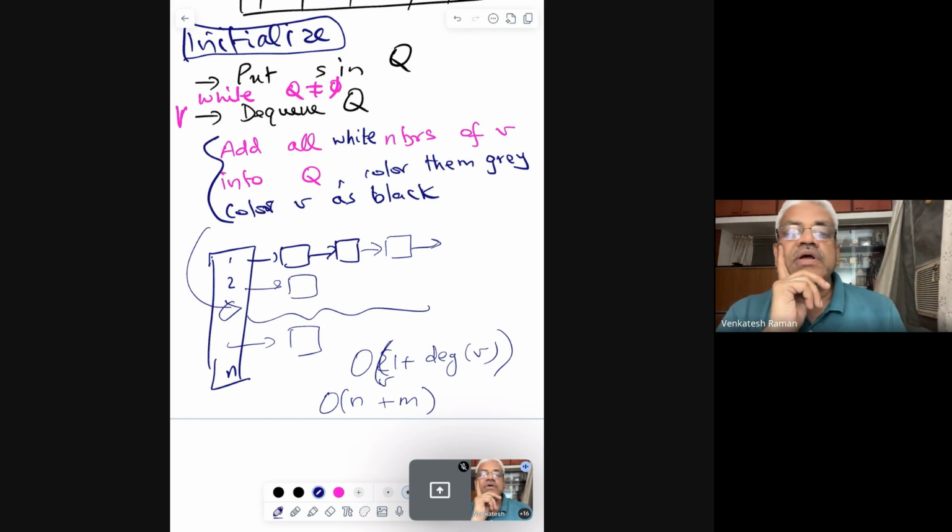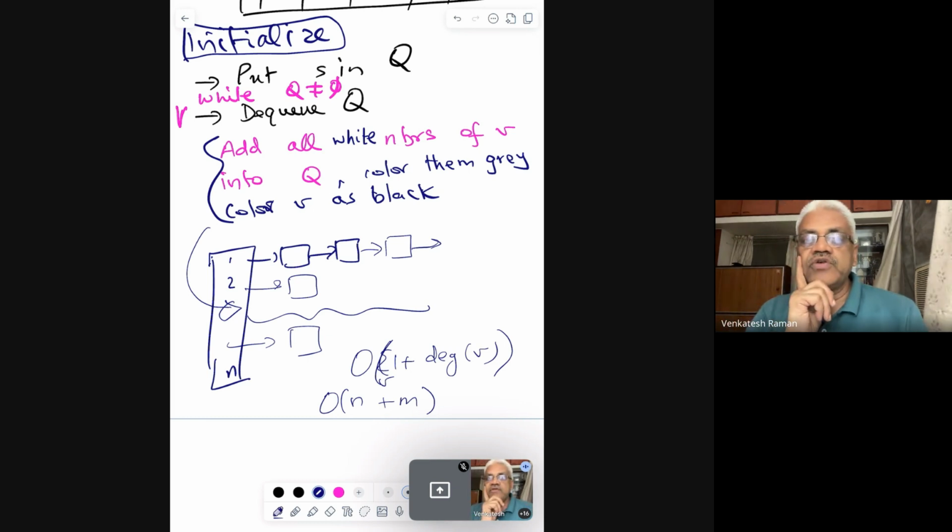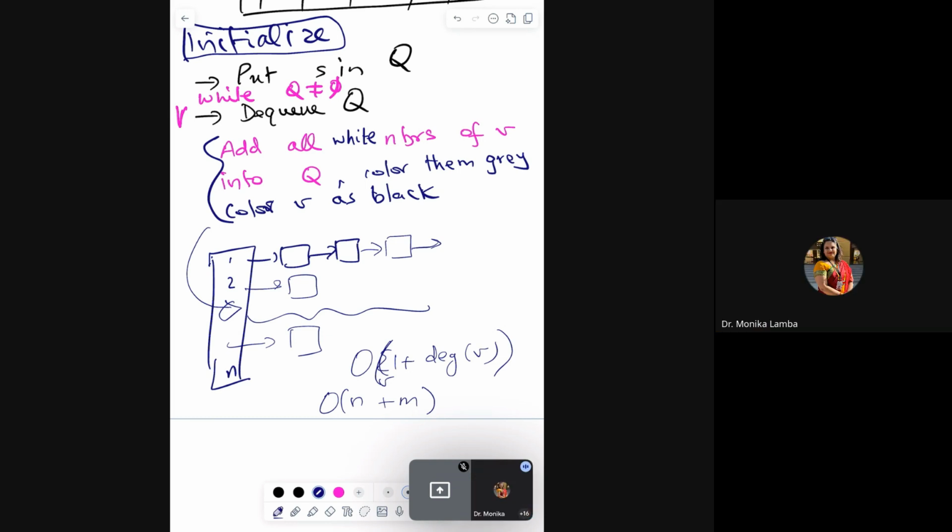Why does this become n square if I use, where am I using the fact that I am using adjacency list? What happens if you use adjacency matrix? Okay. So there, in visiting the vertices, it takes the same as that of the list.